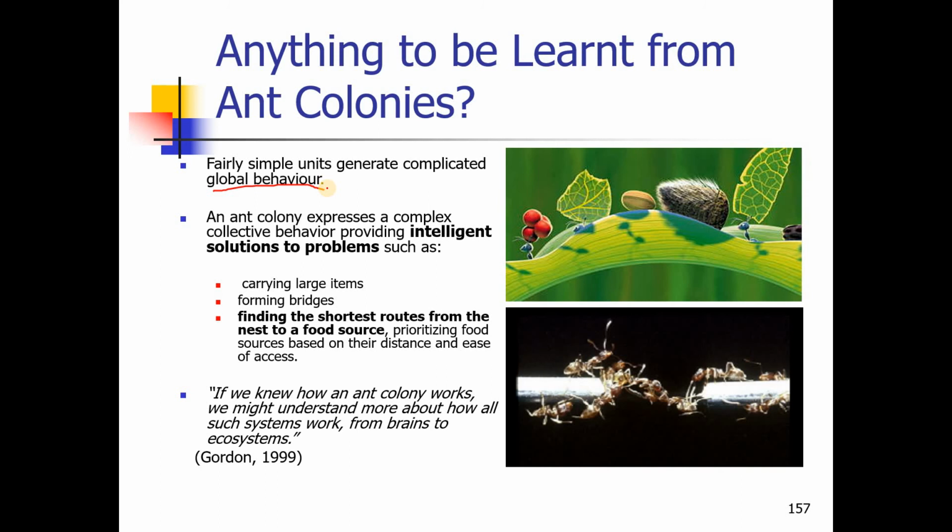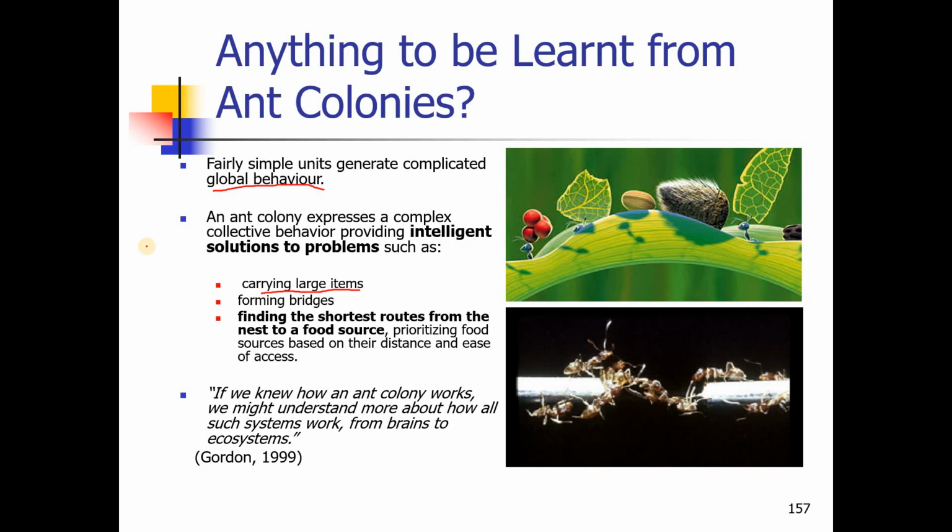For example, they try to carry large items, very big items. So many of them will carry it together. They can form bridges. So for example, 3, 4, 5 ants will hold each other and the others will pass over them, and this is quite intelligent behavior that they show.